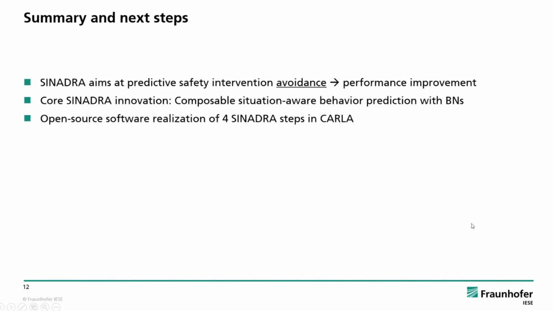Okay, so summarizing my talk, the SINADRA framework mainly does not aim at providing a safety component, but rather aims at predictive safety intervention avoidance, and therefore improving the performance by proactive avoidance of safety critical situations. So the core innovation of the framework is basically the generation of these composable situation and interaction aware behavior prediction Bayesian networks.